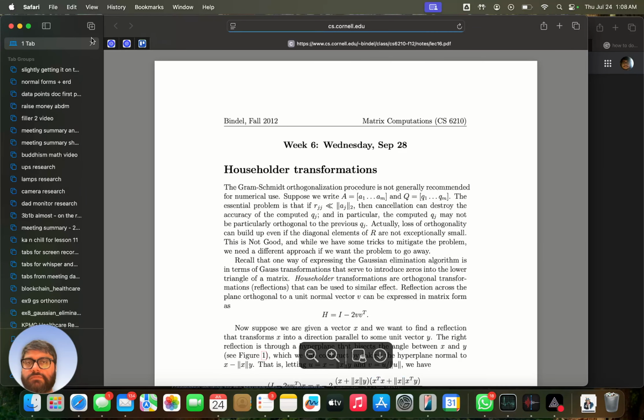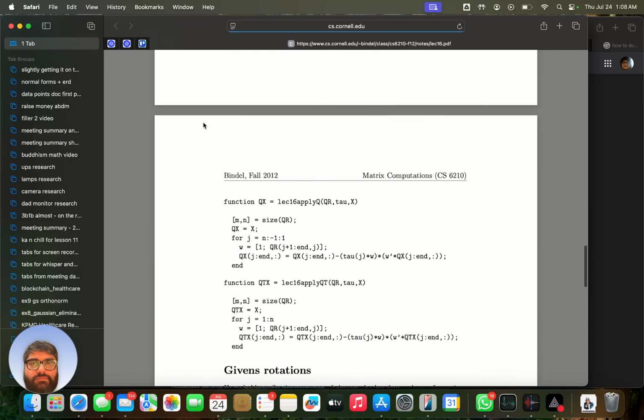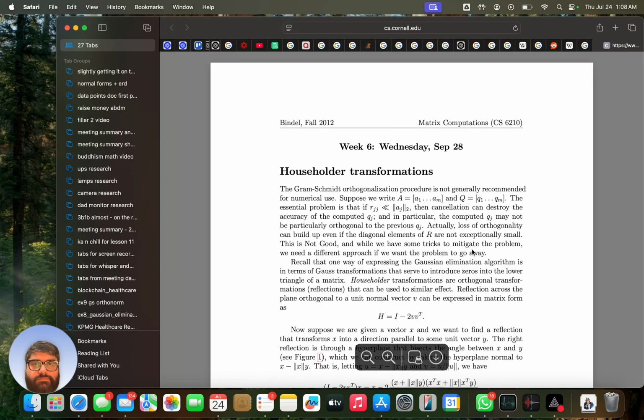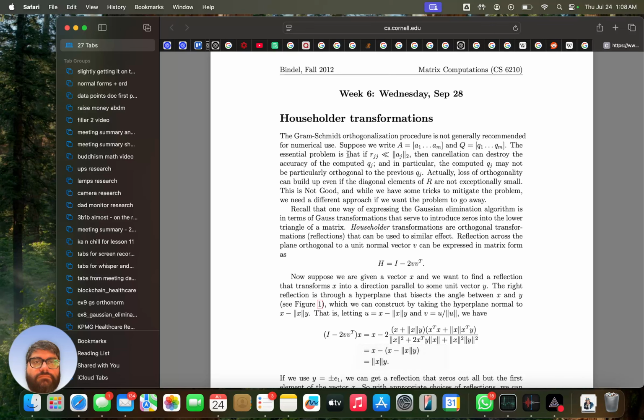Just going to, oh, this is a PDF. That's not a very big PDF. Well, actually, let me just open it here like this. The Gram-Schmidt orthogonalization procedure is not generally recommended for numerical use.